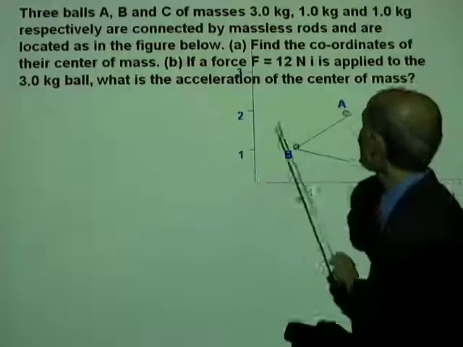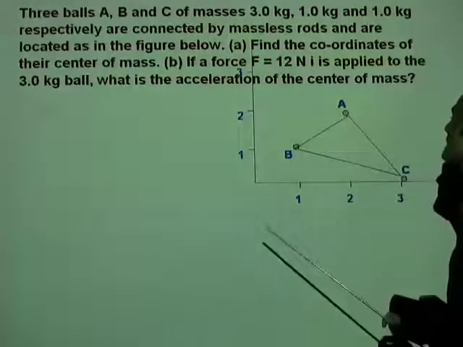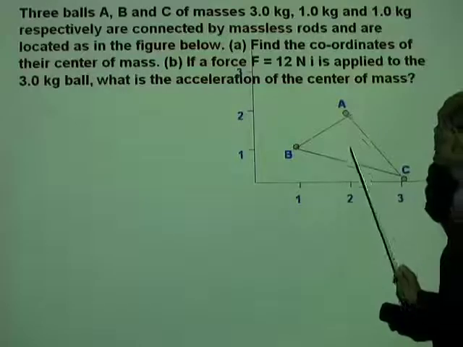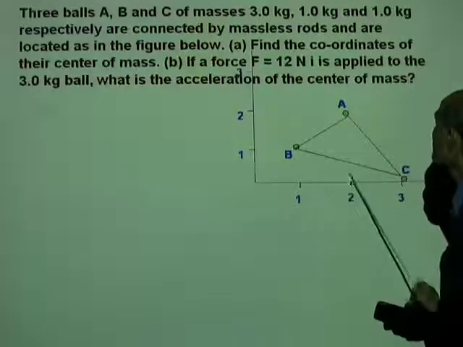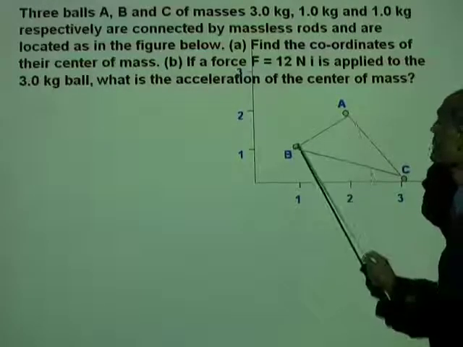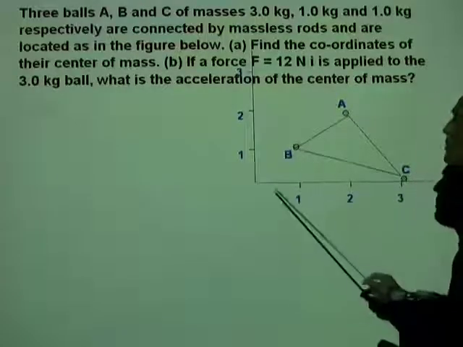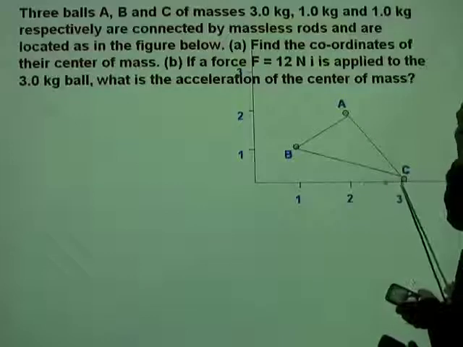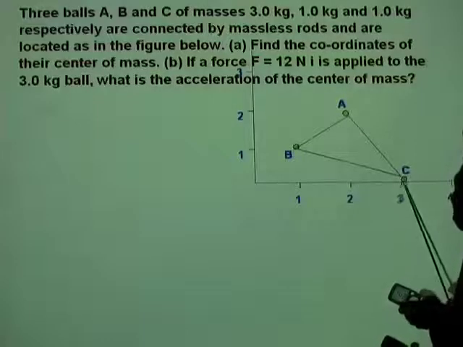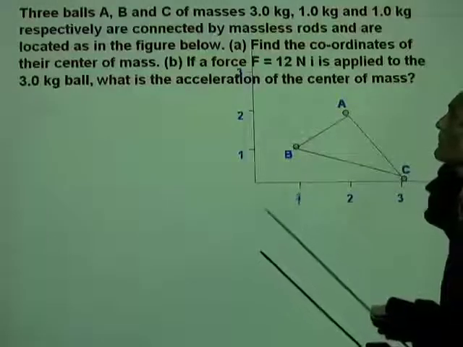They are located as shown in the figure here. A is located at x equal to 2, y equal to 2. B is located at x equal to 1, y equal to 1. And C is located at x equal to 3, y equal to 0.